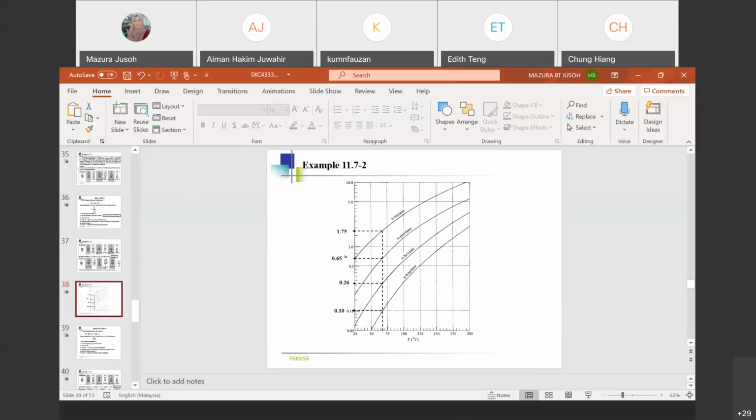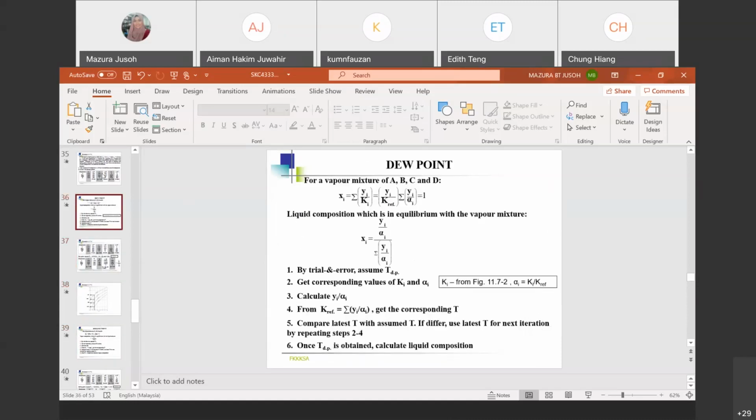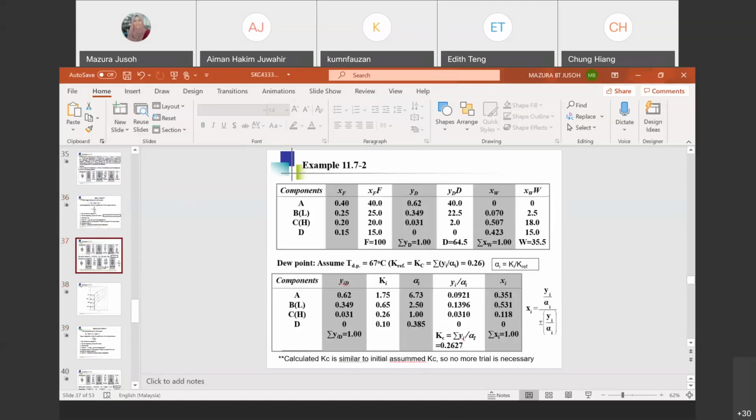Alpha value is calculated using all this formula, and then you insert the alpha value. You have to choose a component, usually the heavy key component. The heavy key is the major component you will recover at the bottom, and the light key is the major component that you recover at the top.